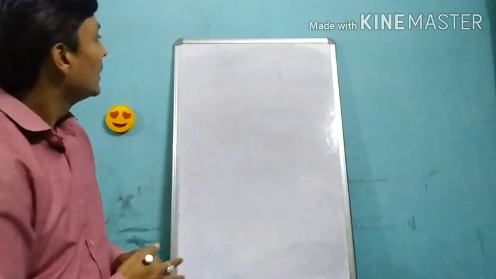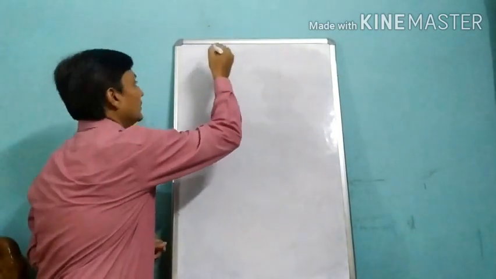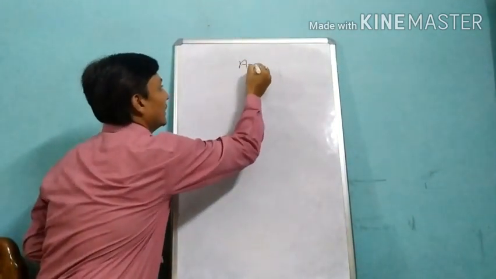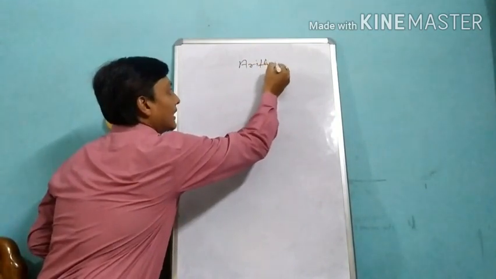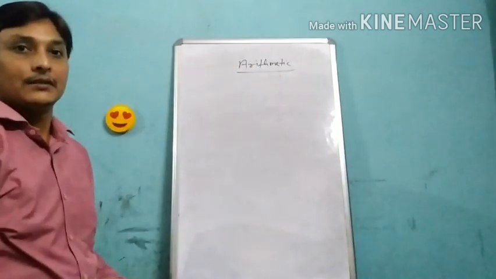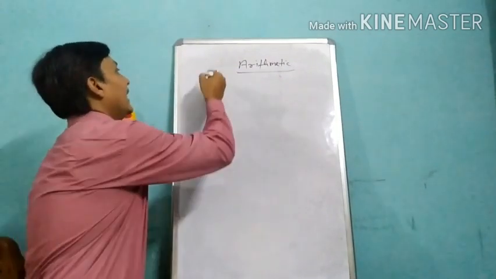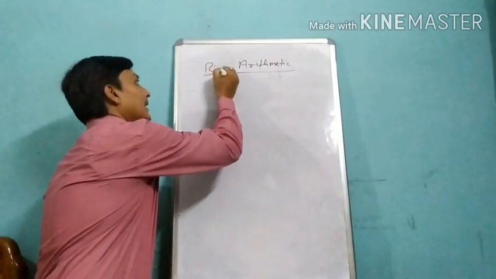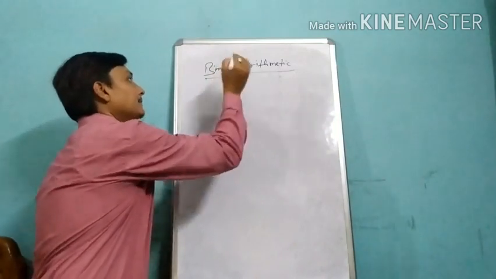Is that clear? The meaning of arithmetic, of course, is the work related to plus, minus, multiplication and division. So it would be binary arithmetic.